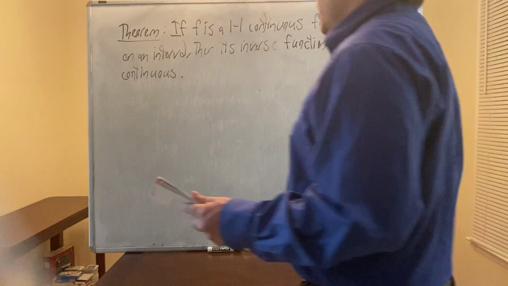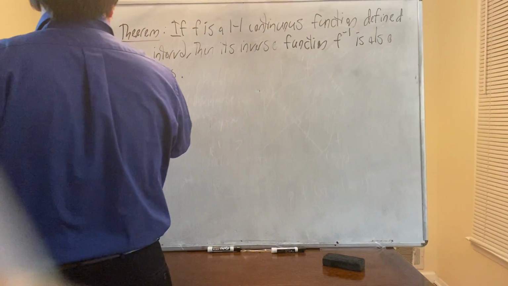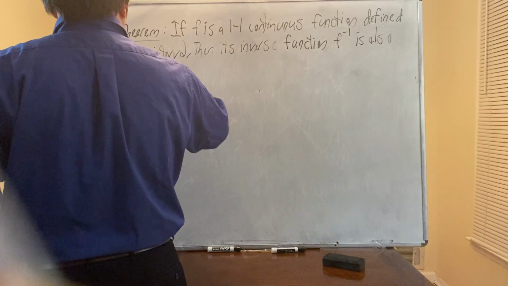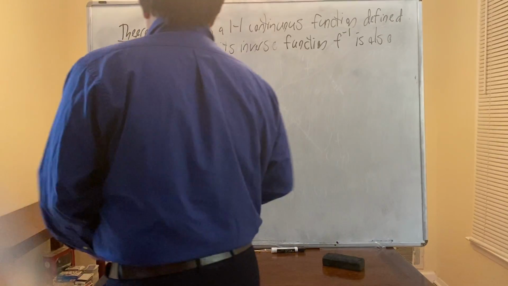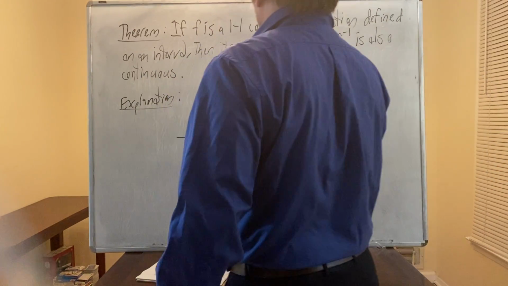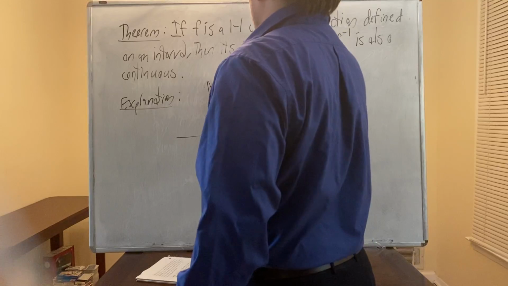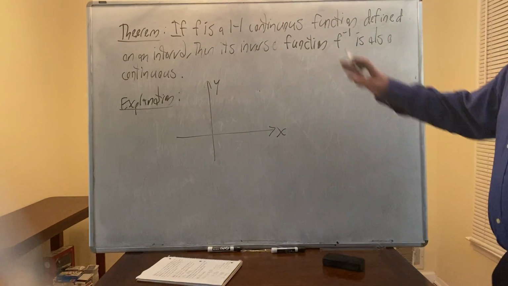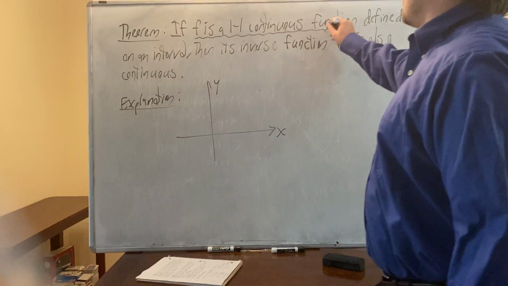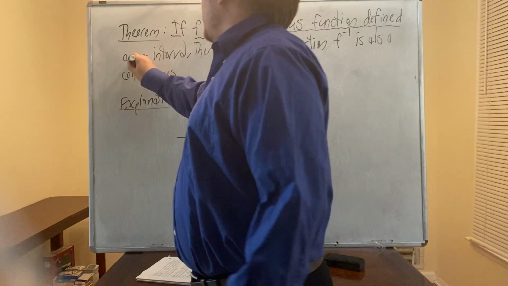Okay? So to explain that, let me explain it using a picture. Let me illustrate why this should be true, to give you an intuitive idea. The condition is that f is a one-to-one continuous function defined on an interval.